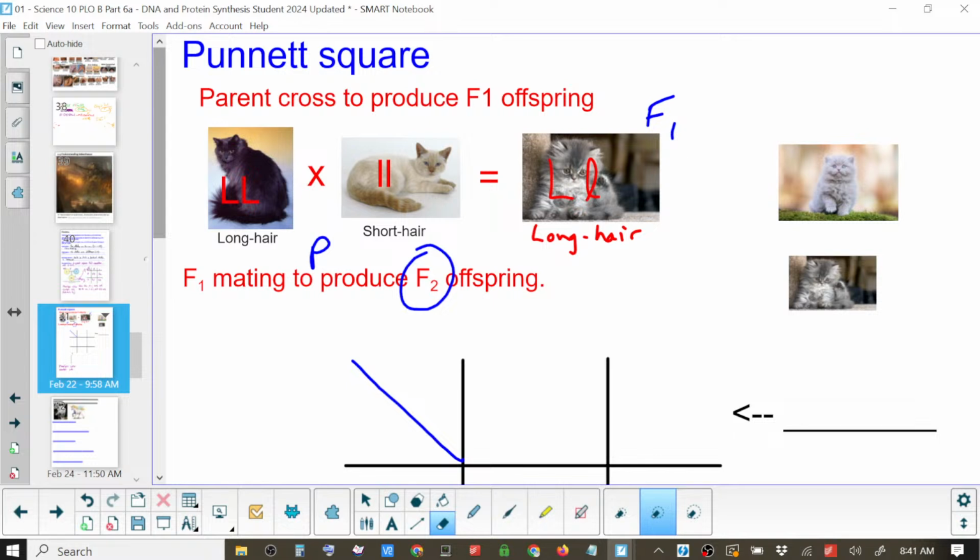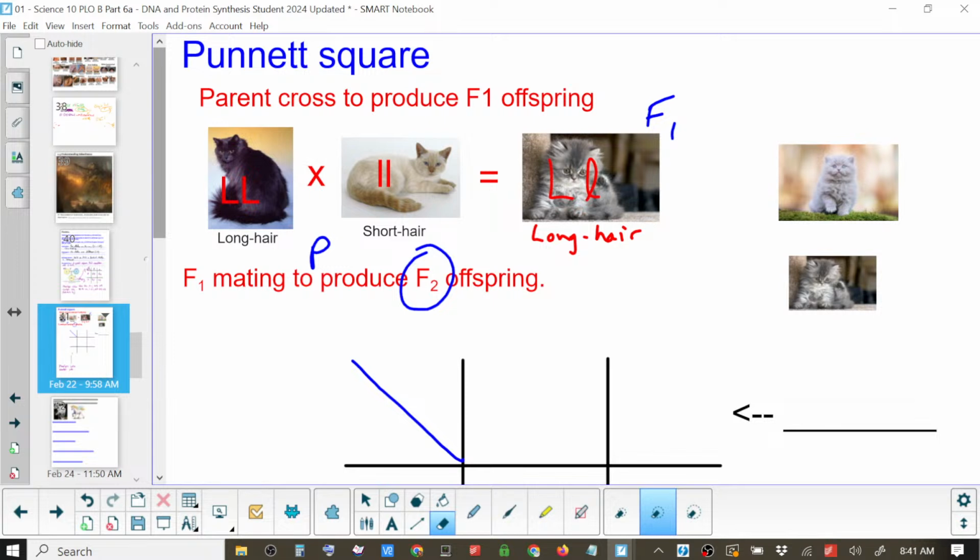Yeah, like that. And then lowercase. One more. Let me see this. It should be like that. Yes. Except this one. And then 1 to 2 to 1. How many long hairs do you have in that?